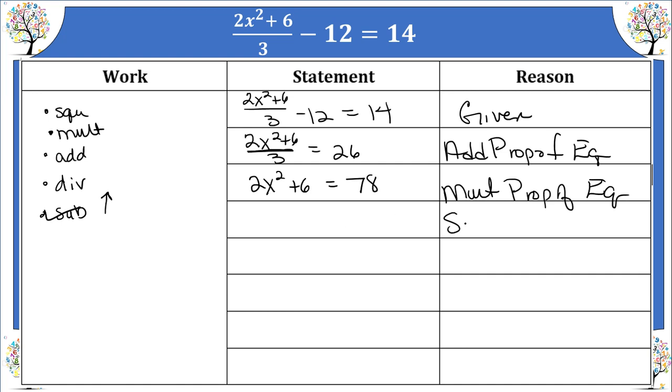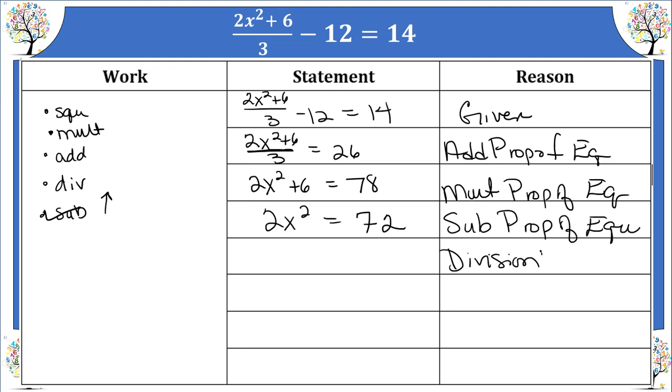Now we're going to subtract 6 from both sides. So the subtraction property of equality. And then we're going to divide, so the division property of equality. So when we divide by 2, we get x squared equals 36.